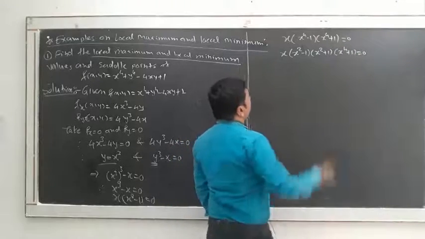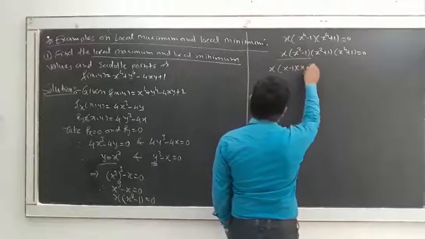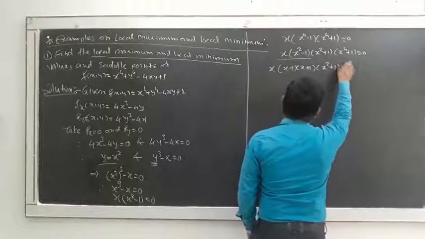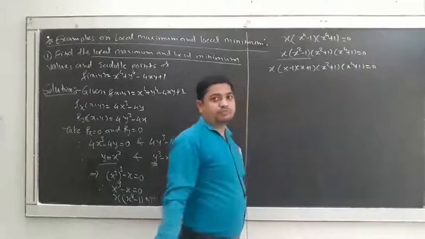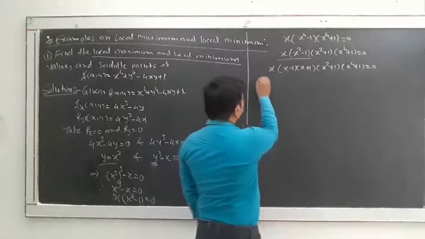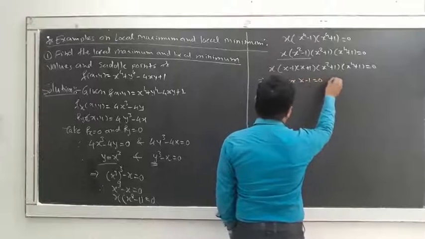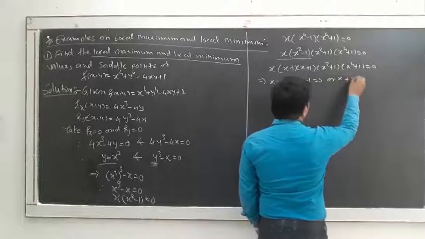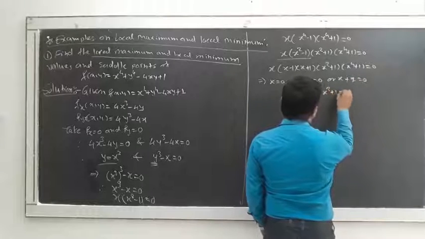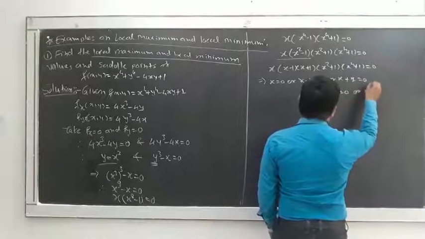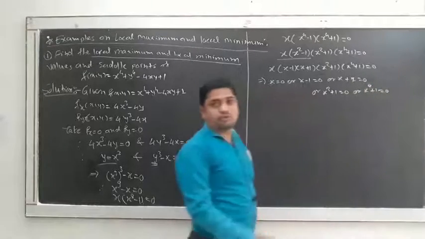Therefore again you can factorize: x into x minus 1, x plus 1, x square plus 1, x raised to 4 plus 1 is equal to 0. Now this implies that x is equal to 0 or x minus 1 is equal to 0 or x plus 1 is equal to 0 or x square plus 1 is equal to 0 or x raised to 4 plus 1 is equal to 0.